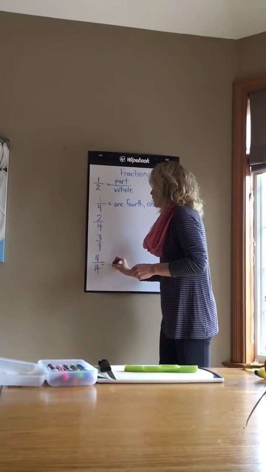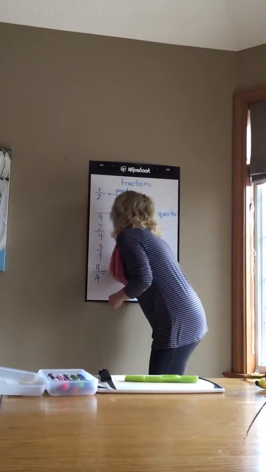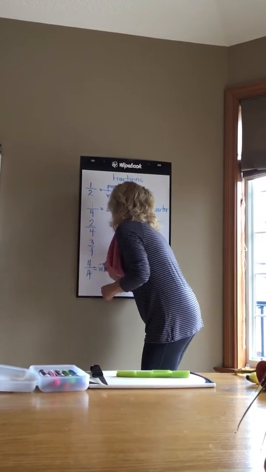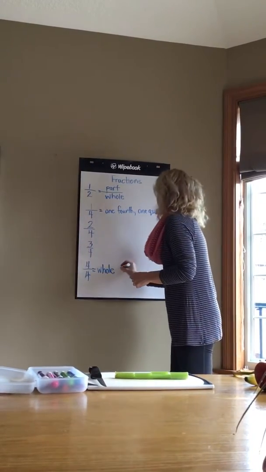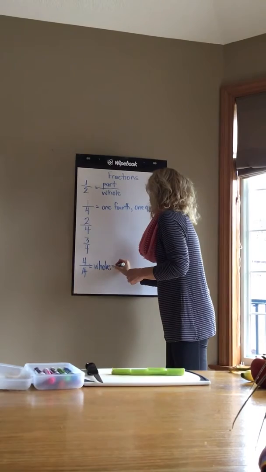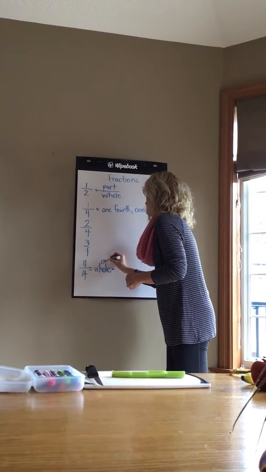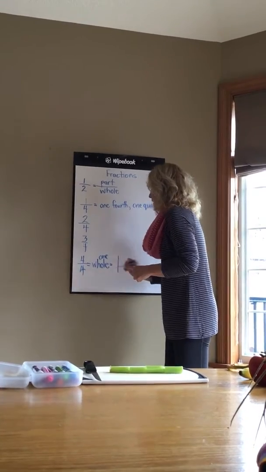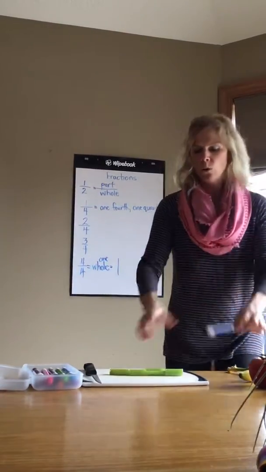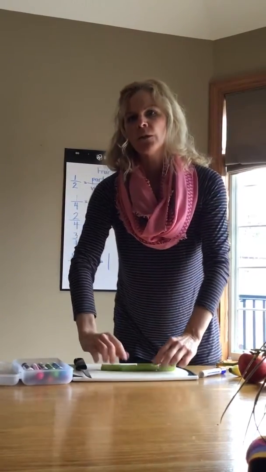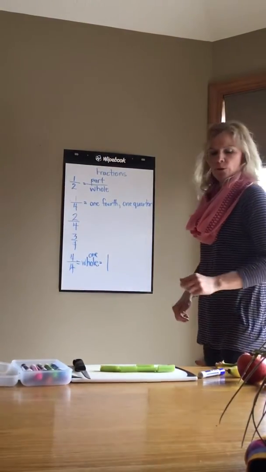Or a whole, you got your whole test right, okay? Or you might say 1 whole. So that's the same as 1 whole, or 1 whole piece of celery. So hopefully that's all a review for you.